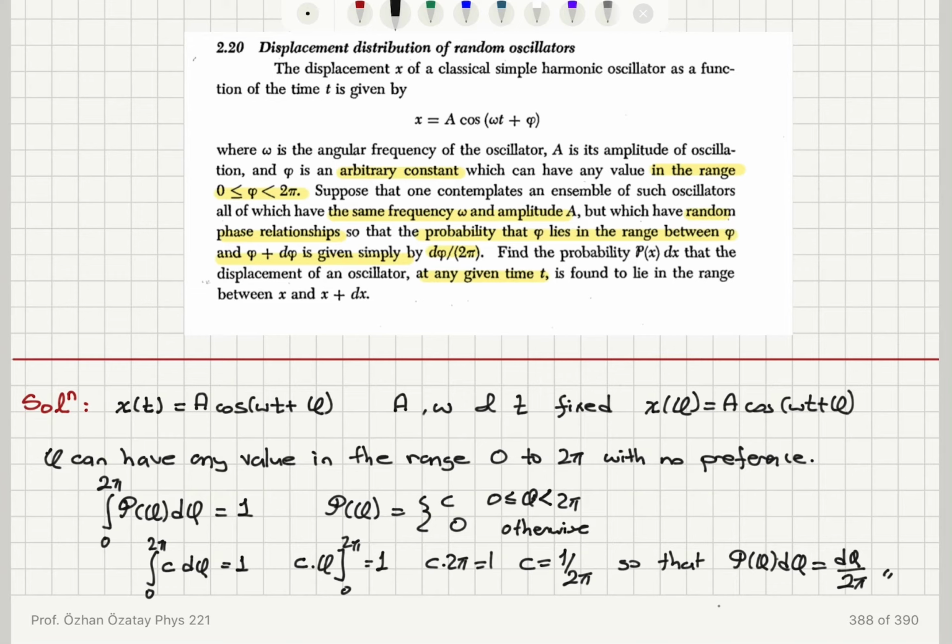As I have verified here, because the probability distribution function has to be normalized and it is a constant for every angle between 0 and 2 pi, that constant times d phi integrated over all possible values should give me 1. So that constant is 1 over 2 pi. So I have found that p of phi is equal to 1 over 2 pi.